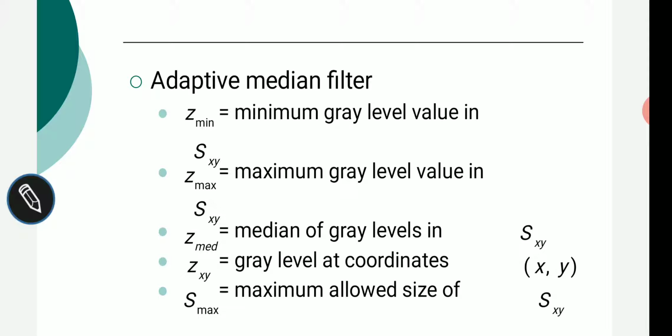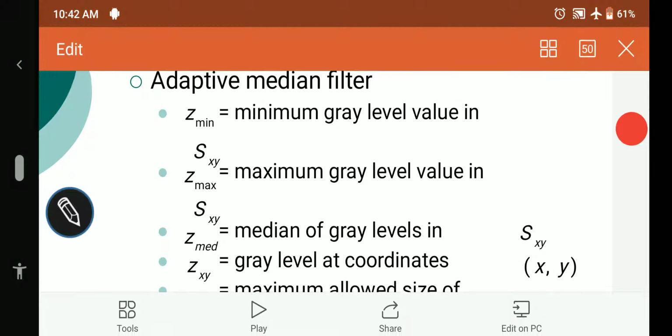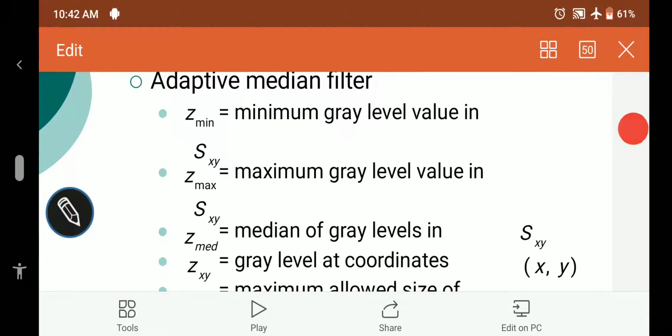An additional benefit of the adaptive median filter is that it seeks to preserve detail while smoothing non-impulse noise, something that the traditional median filter does not do. The adaptive filter also works in a rectangular window area Sxy.